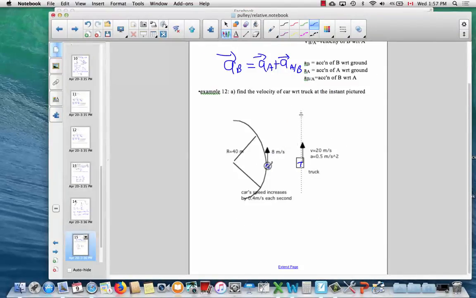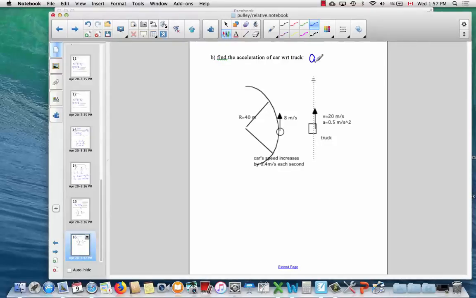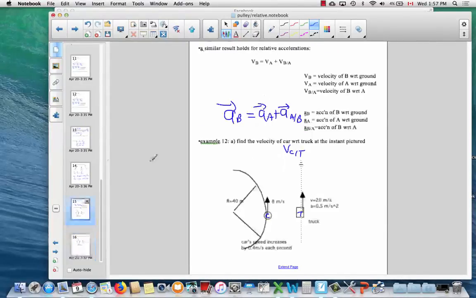Okay, so here's a problem for you to try. Here's a car, here's a truck, and we want the velocity of the car with respect to the truck, and then problem 12b will be the acceleration of the car with respect to the truck. So pause the video, try and work those two out, and then watch my solution.